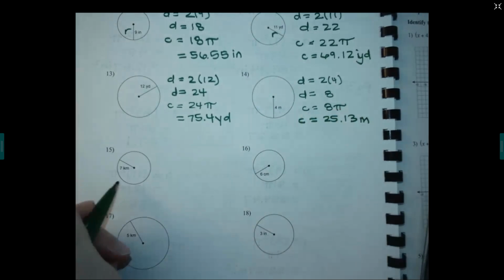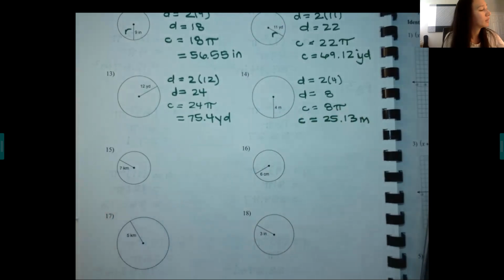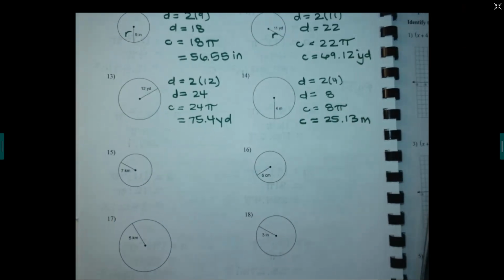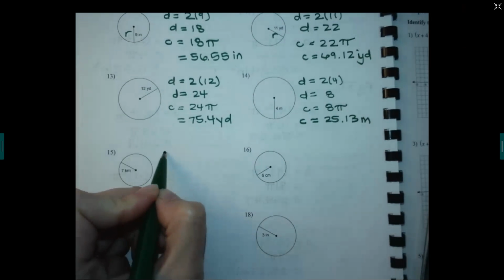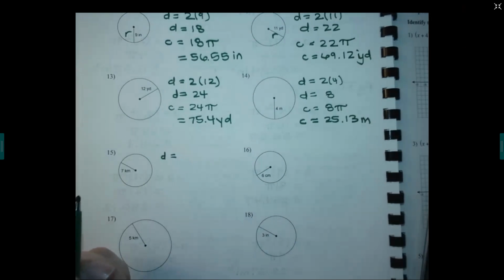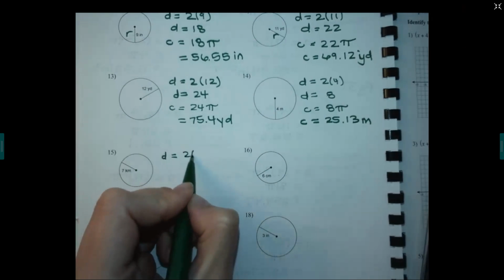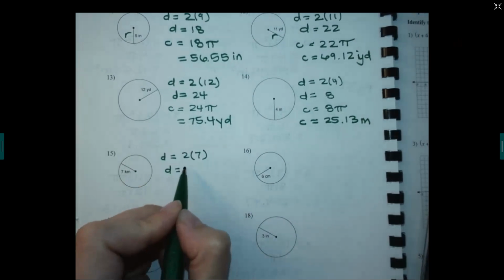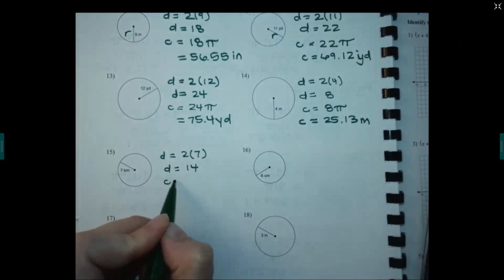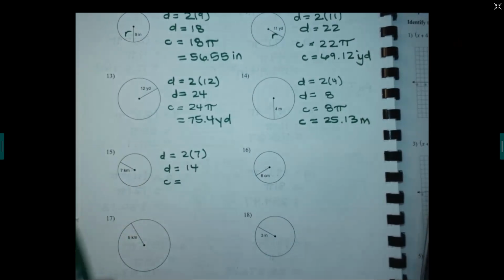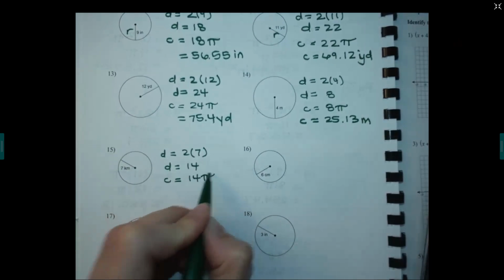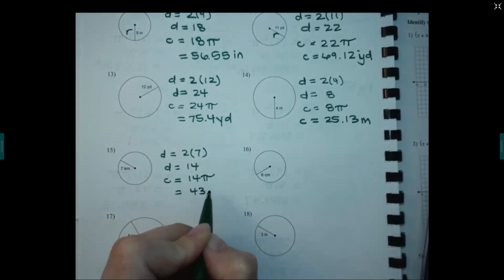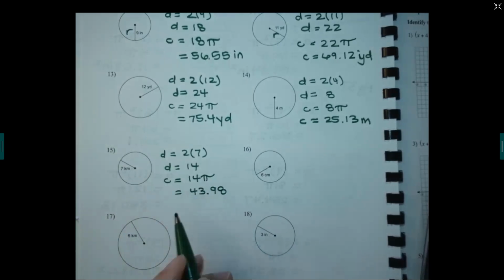Thank you, Elijah. And then Rick, number 15. So I got the diameter, which is 2, and then in parentheses 7. Very good. And then that got me 14. And then for circumference, I got 14 times pi. Excellent. And then that got me 43.98. Excellent. Thank you, Rick.